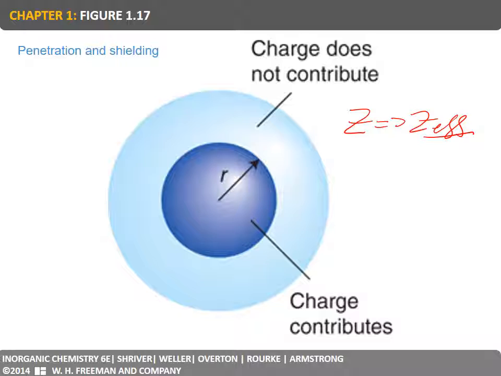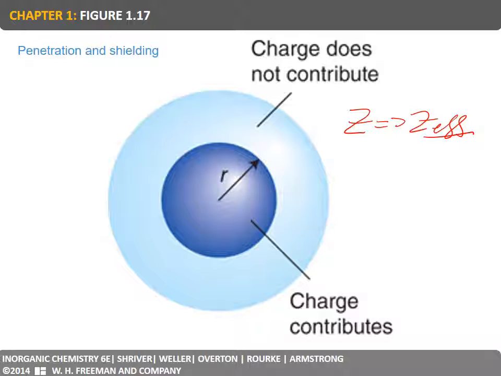We know that the nuclear charge depends on the value of n and l of the electron that we're talking about, because the electrons in different shells and subshells approach the nucleus to different extents. We know that from the models.